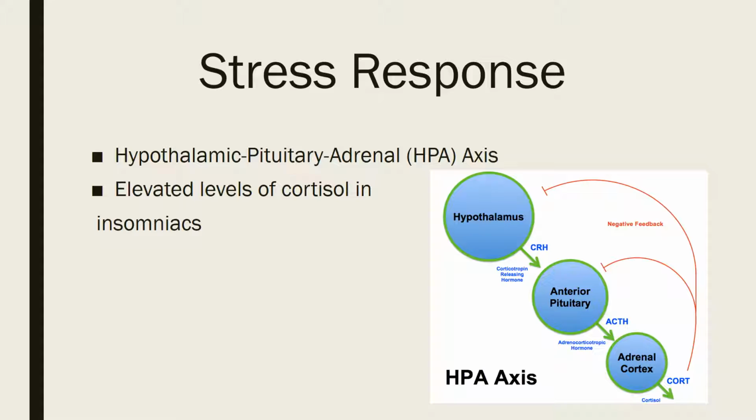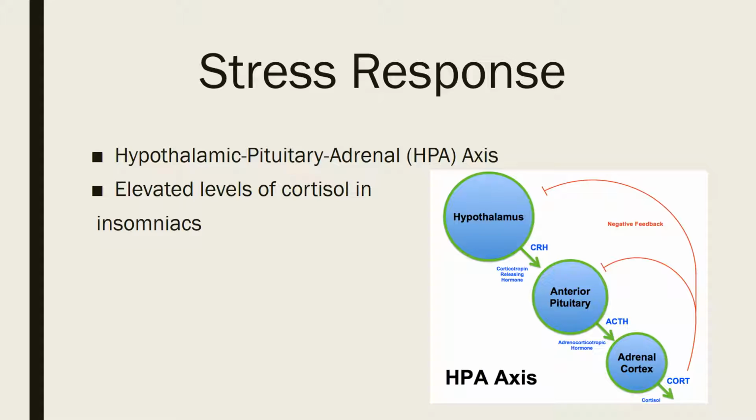This is the stress response diagram, and I think it's a good illustration of it. The HPA axis, the hypothalamic-pituitary-adrenal axis, is the pathway that describes the stress response. The hypothalamus in your brain secretes corticotropin-releasing hormone, which will then bind to its specific receptors on the pituitary gland, particularly the anterior one.